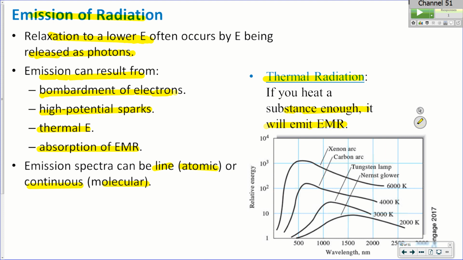And if you look at how those things shift, here's an example of a black body radiator at 2,000 degrees. The light now is well up into the near IR. If we think about the visible region, it's down here in our 500. So we can't even see that light. But as it gets hotter and hotter, at 3,000 degrees, now it's starting to give off a lot of visible light. And you could actually feel the heat coming off of it.